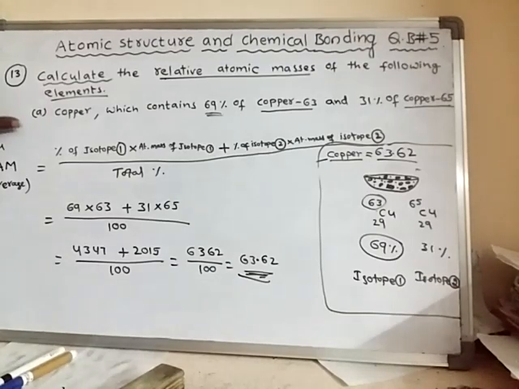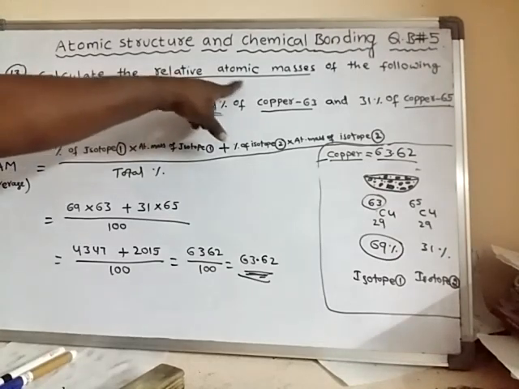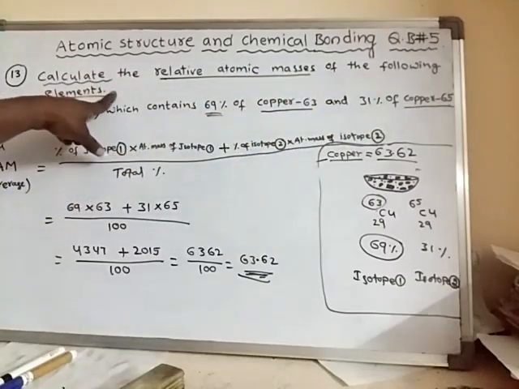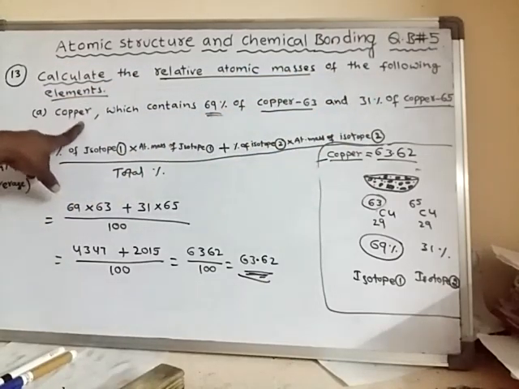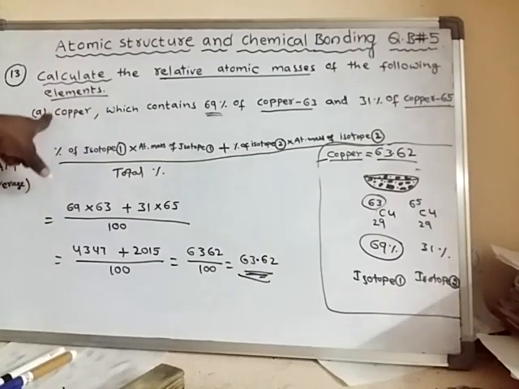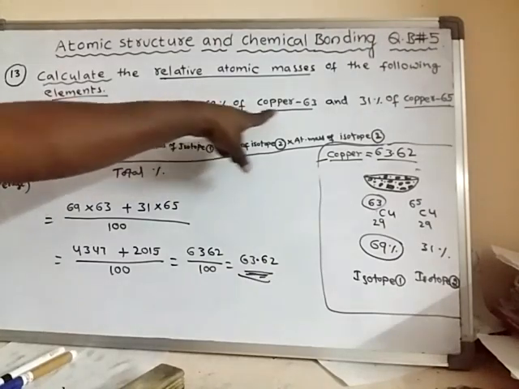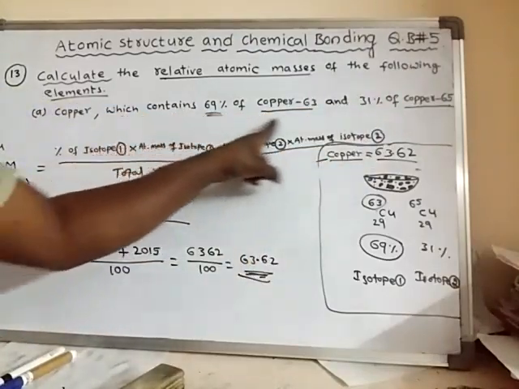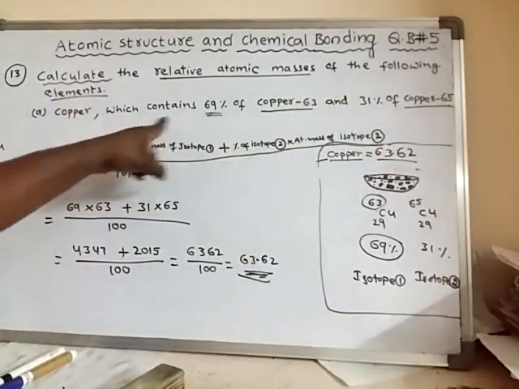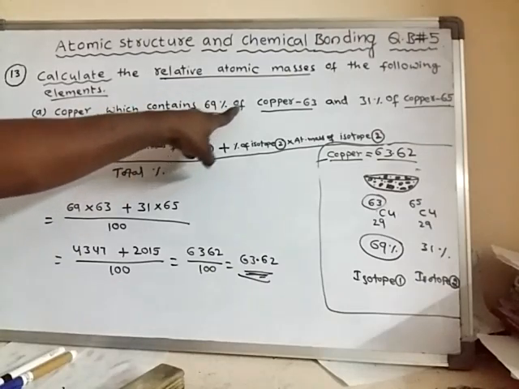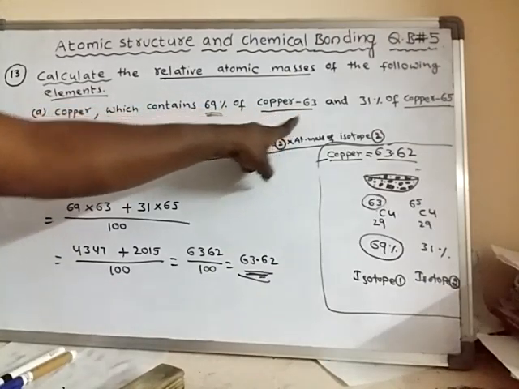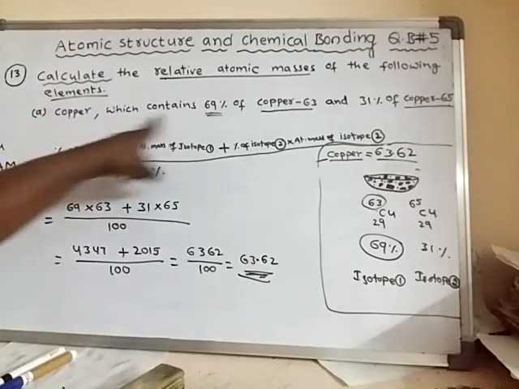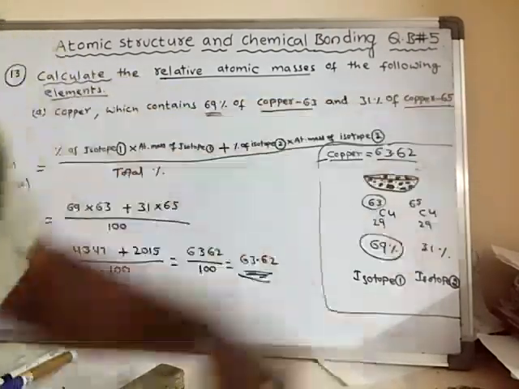Once again we will go through the question. The 13th question asks us to calculate the relative atomic mass of the following elements. The first element given is copper. The data says that this copper contains 69% of copper 63 and 31% of copper 65.